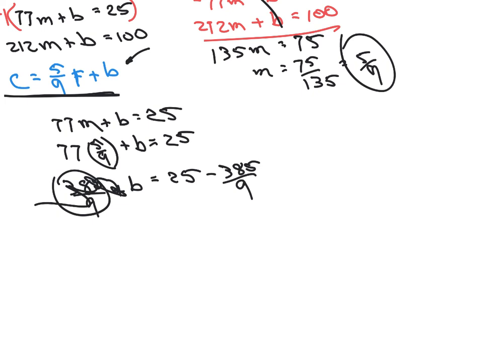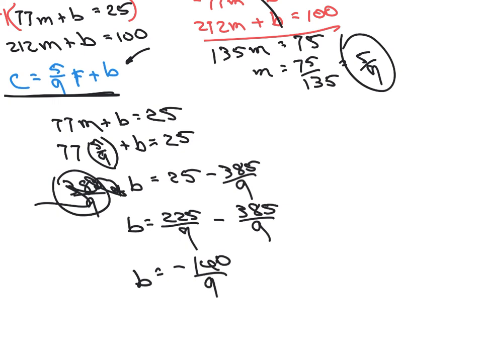That does not look very fun. So we have to find common denominators. 9 times the top and bottom. And that gives me B equals negative 160 over 9.